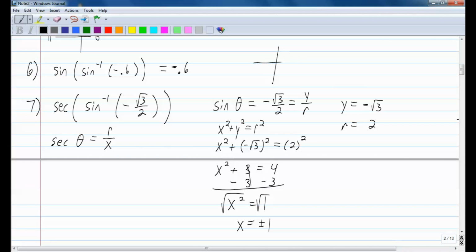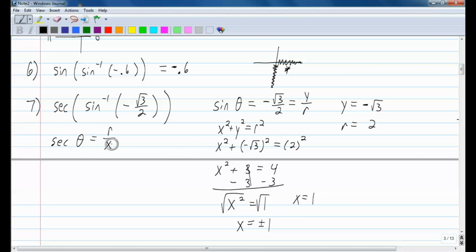In the fourth quadrant, I think I said that backwards: your x values are positive, your y values are negative. So if you have to solve for x, make it positive. If you have to solve for y, make it negative. Well, we were already given that y was negative square root of 3. So when we solve for x, we want to make it positive. So x is going to be a positive 1.